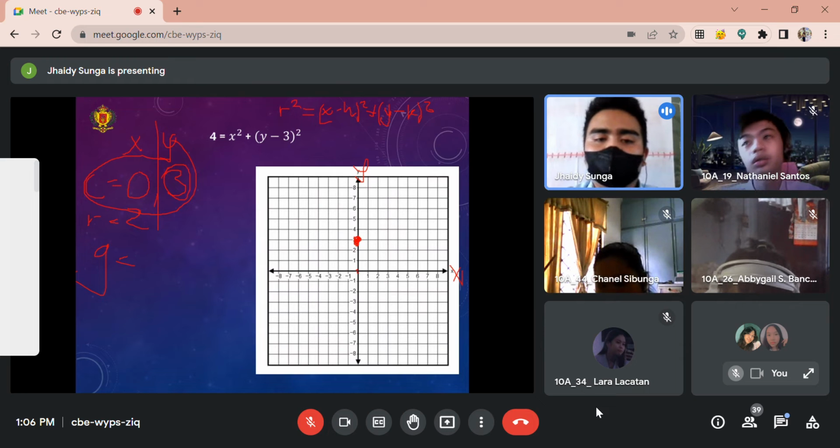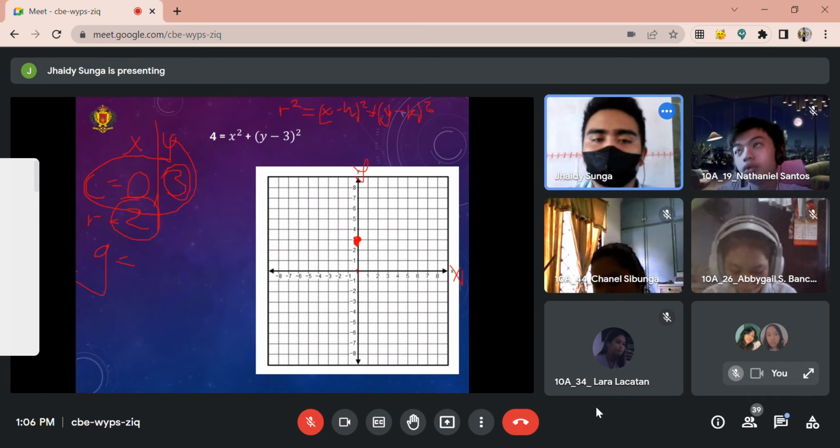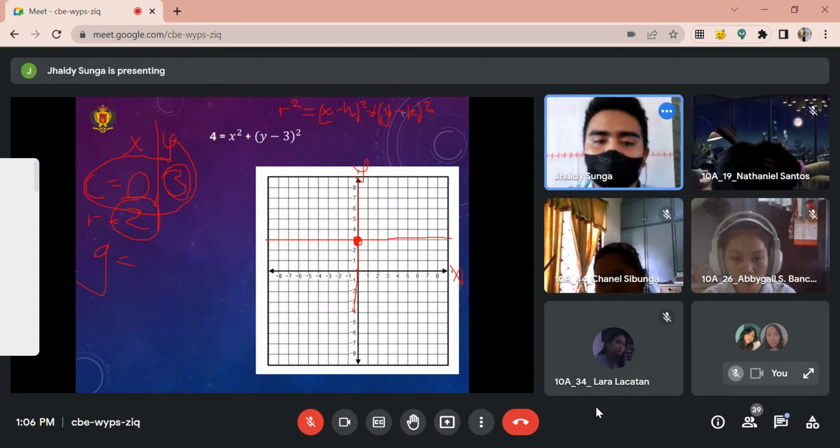If this is your center, what is your radius? The radius is 2. So coming from your center, this is your new axis, isn't it? Coming from your new axis, you're going to have the distance of 2. You're going to count 1, 2, and this is your endpoint.